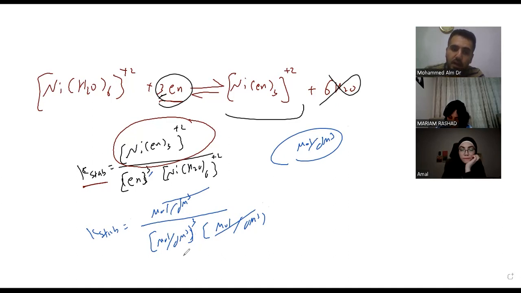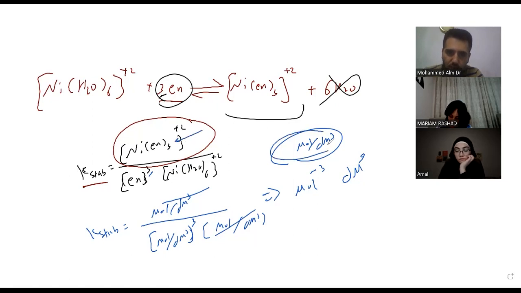Yeah. And we will end up with mol^-3 dm^9. This is the correct unit. As simple as that. When you are asked about the unit, usually 1 mark, you just put, instead of each concentration, mol dm^-3.